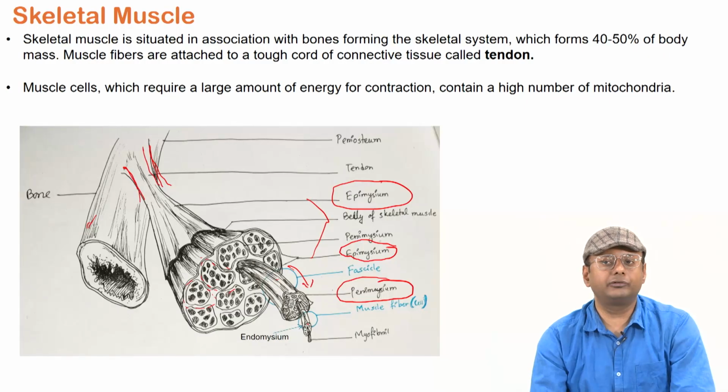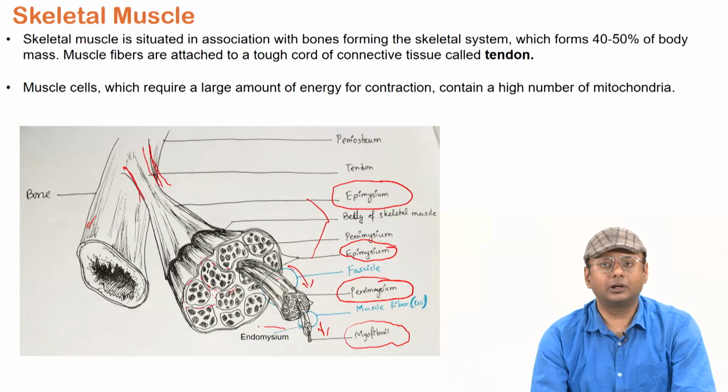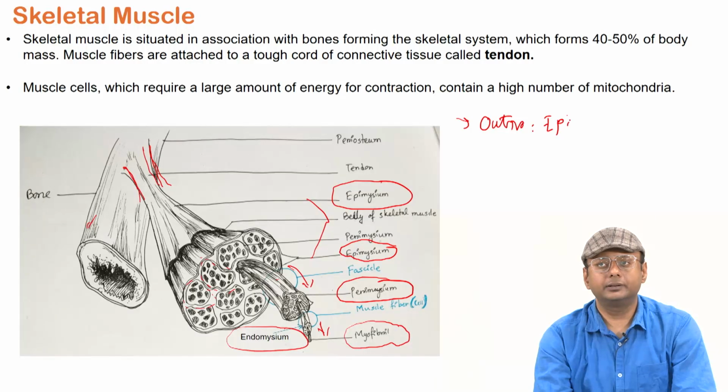If you pull out a single fascicle, you will find the unit cell of the muscle, the myofibril. Inside of the myofibril, the membrane layer is called endomysium. So basically we will have 3 layers. The outermost layer is called epimysium.